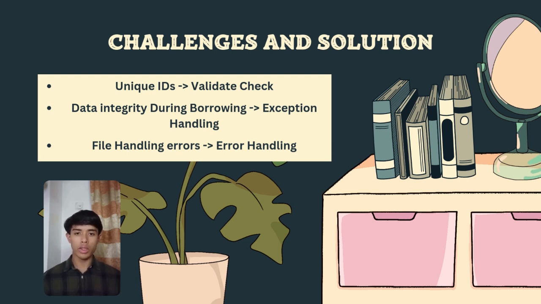Borrowing a book that was already unavailable or returning a book that was not borrowed were potential issues. We addressed this with exception handling to show meaningful error messages and maintain data integrity. The last challenge, file handling errors. Missing or corrupted files could break the system. We added error handling to gracefully initialize empty lists when files are missing.